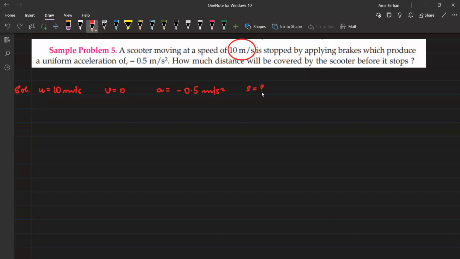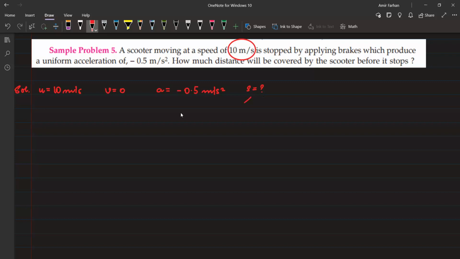So everyone, we have two equations in which distance is associated. The second equation involves time, but in the third equation we don't have time. Yes or no, everyone? Yes, sir. We could calculate the time using the first equation and then use the second equation to calculate the distance. But why do we need to do such a complex calculation if the third equation is already satisfying the conditions?